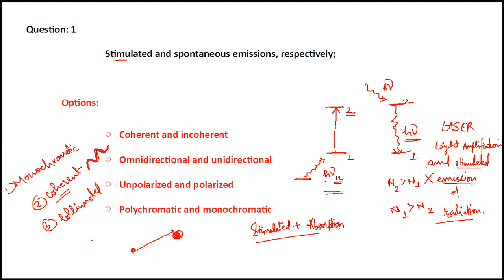the fourth point for the laser is, it is highly polarized. Okay. So the light beam that comes out of a laser is polarized, and it is not at all unpolarized, and that too in the same direction.